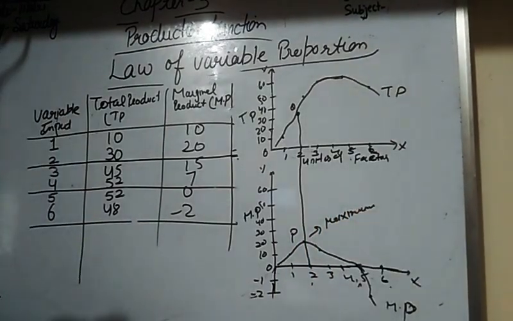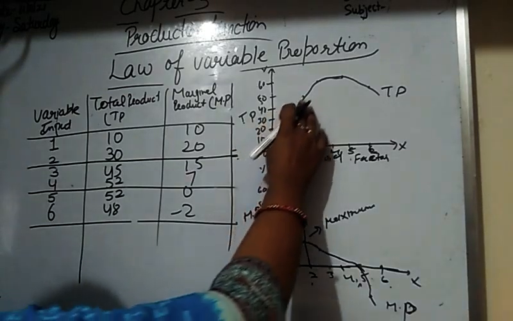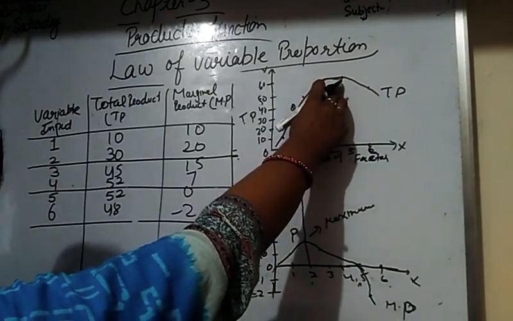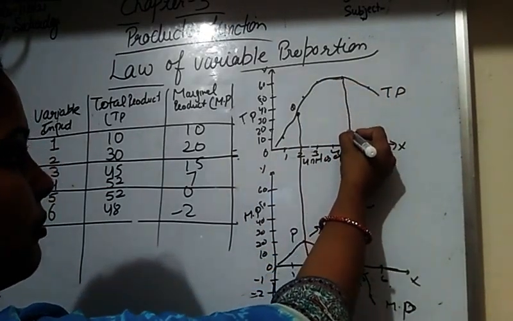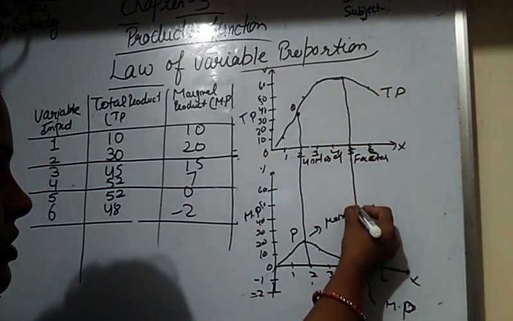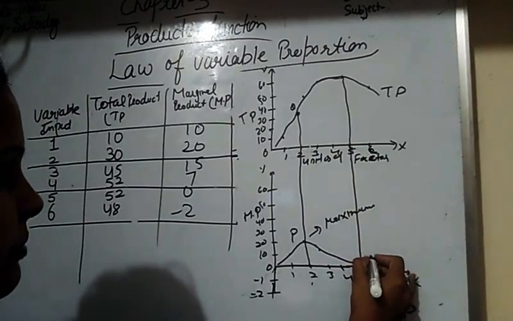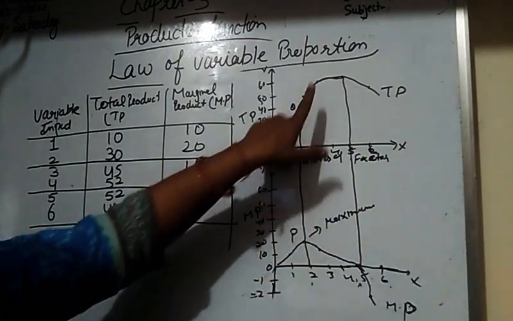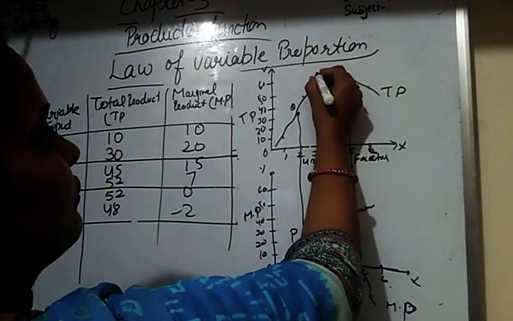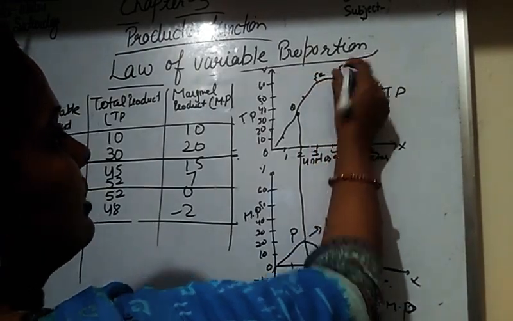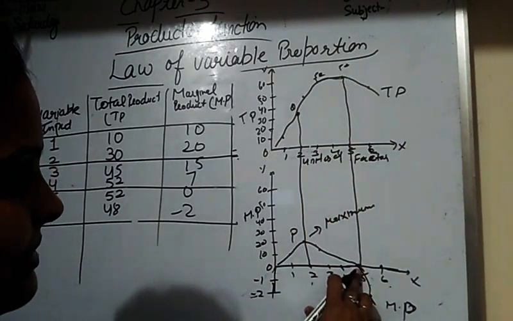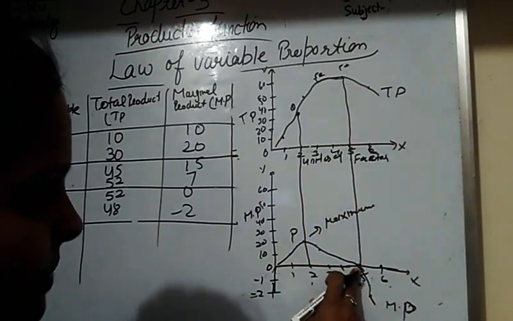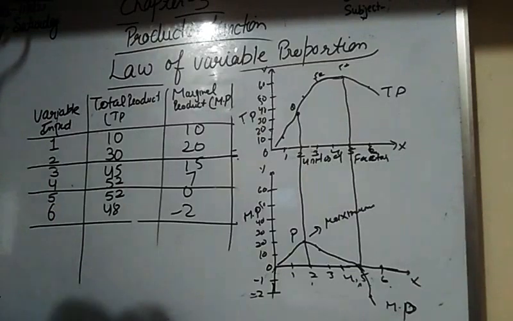After that it is increasing but at decreasing rate. When total production is constant, here 52 is there, at that stage the marginal production is 0.